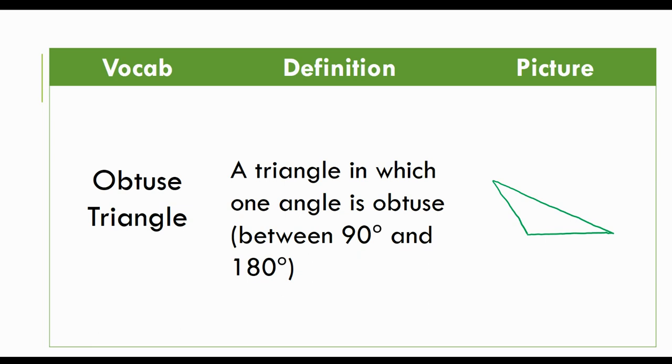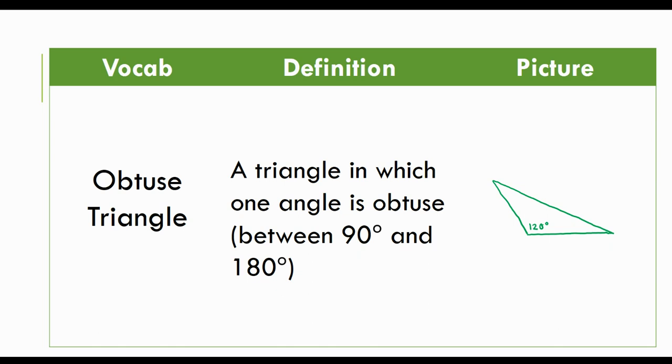The reason being is because the three angles have to add up to 180. Let's say that one of my angles is 120 degrees. Well, that means that I have two angles left over that would have to then add up to 60, because then 60 and 120 will give me the 180.